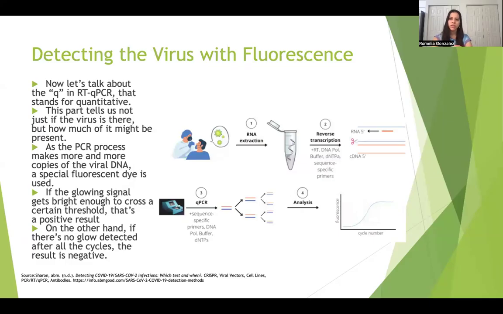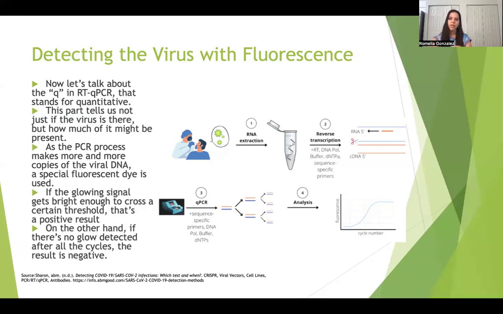Now that we have amplified the virus, we need to detect it with fluorescence. This part is what comes into play, the Q in RT-qPCR. The Q stands for quantitative. This part tells us if the virus is there, but it also tells us how much of the virus is present. As the PCR process makes more and more copies of the viral DNA, a special fluorescent dye is used. This dye will create a noticeable color change. The dye will stick to the new DNA that we had previously made and make even more copies of it.